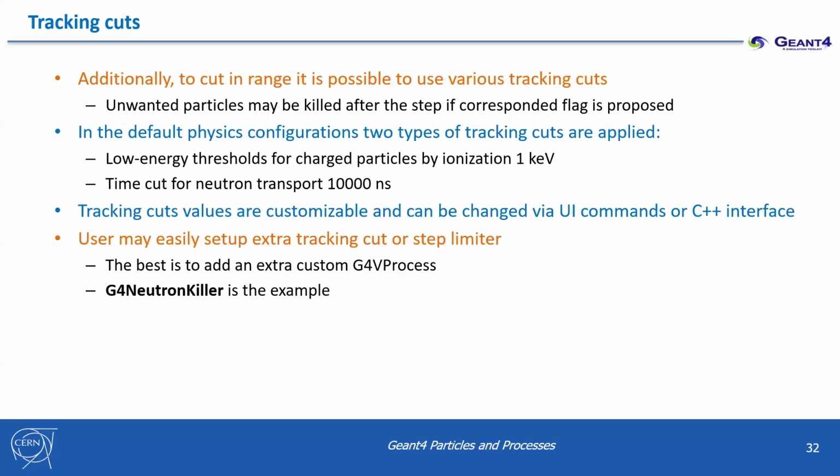Again, you may change these limits depending on how your setup is working and what your task is. You may reduce or increase these thresholds. It is fully customizable and can be changed via UI command or C++.